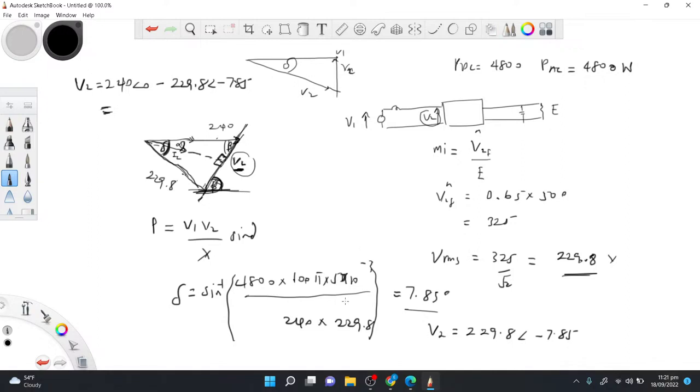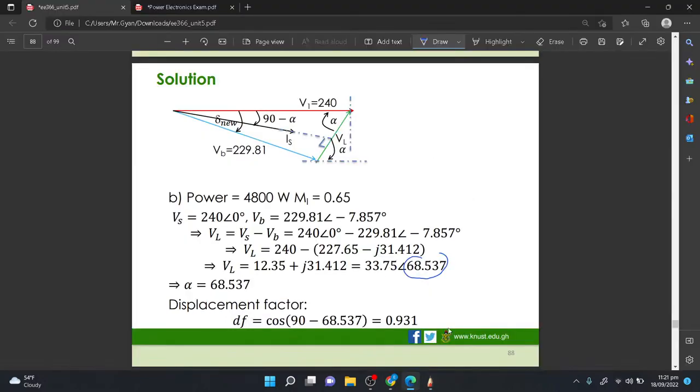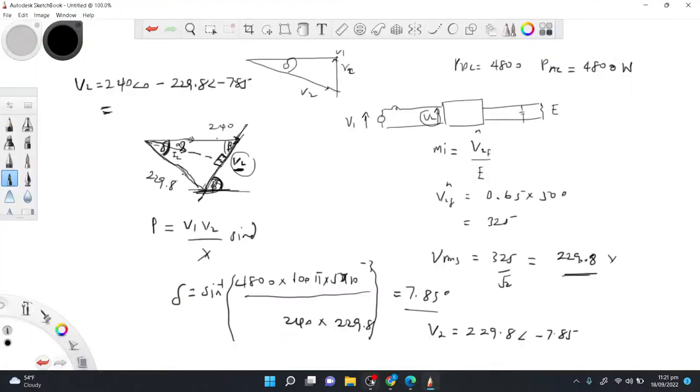So I'll find cos alpha, which is cos of 90 minus this angle. The angles are equal here. So you get 0.931 as the final answer.